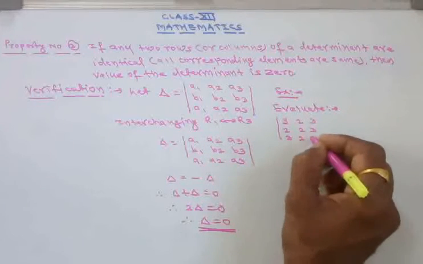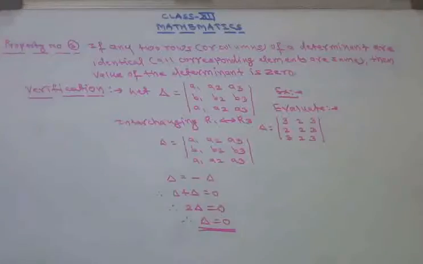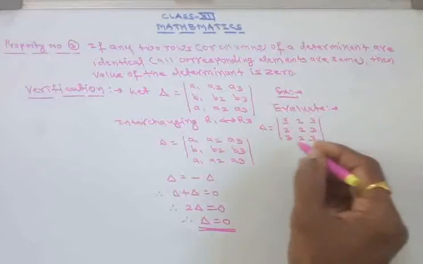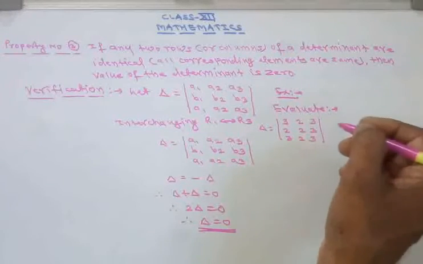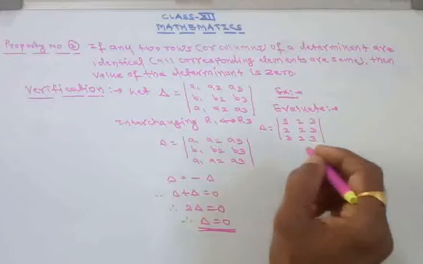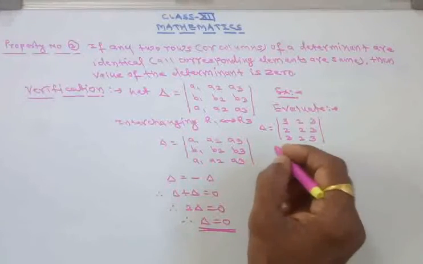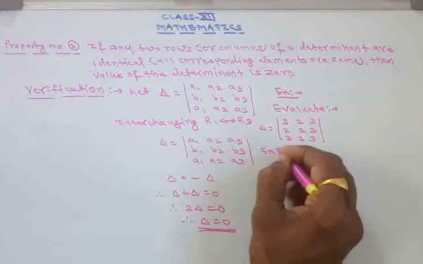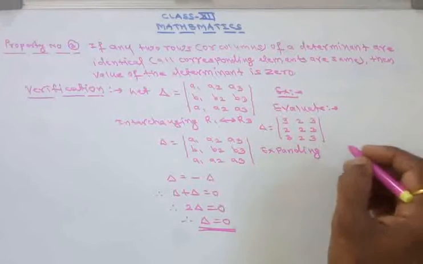Now see here the first row and the third row are identical and corresponding elements are also equal. Therefore, let us find the value of this determinant, expanding along the first row.